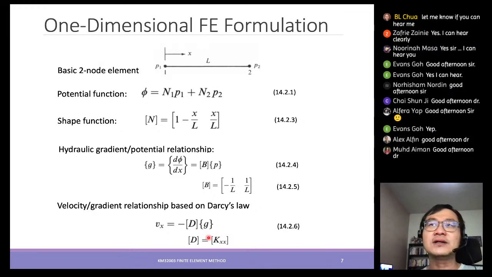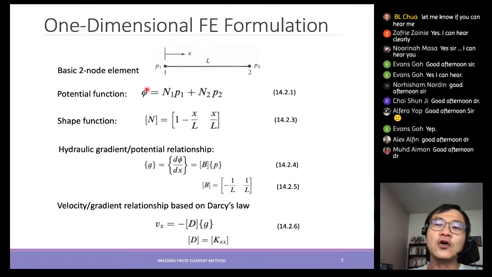As you have learned before, for a basic two-node element, maybe this is a spring or whatever it is, so two nodes. The potential functions that we intend to implement in this finite element is similar to what we always did previously in the structural problem. We always start with the displacement function to be implemented into the finite element itself.